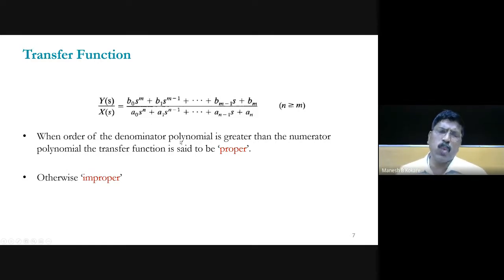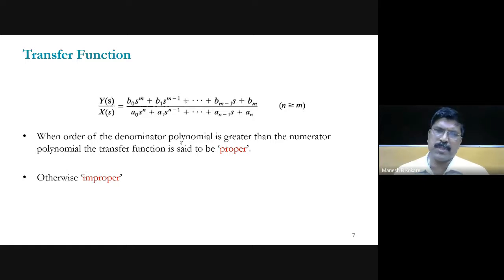Now, what is the physical significance of a proper transfer function, an improper transfer function and a strictly proper transfer function? In a proper transfer function, the system is realizable. With strictly proper and proper transfer functions the system is realizable, whereas if the transfer function is improper, then the system is not realizable in practice.